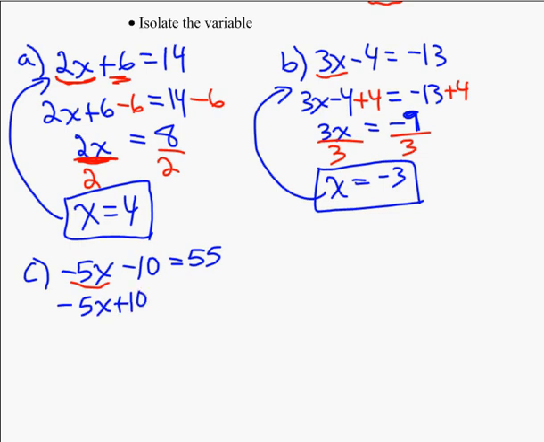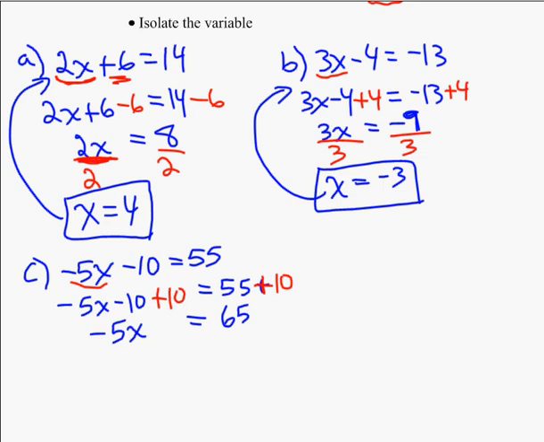The way that we get rid of a minus 10 is by adding 10 to both sides. Again, you can't just do it to one. Negative 10 plus 10 is nothing, so we're left with a negative 5x. And then 55 plus 10 is 65. We've isolated the term with the x in it.